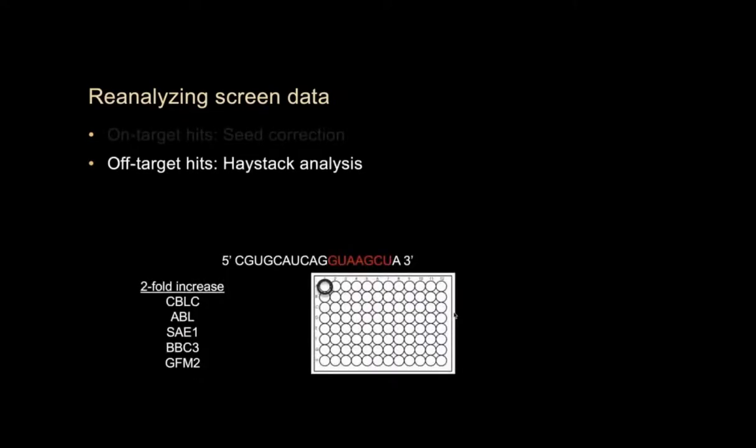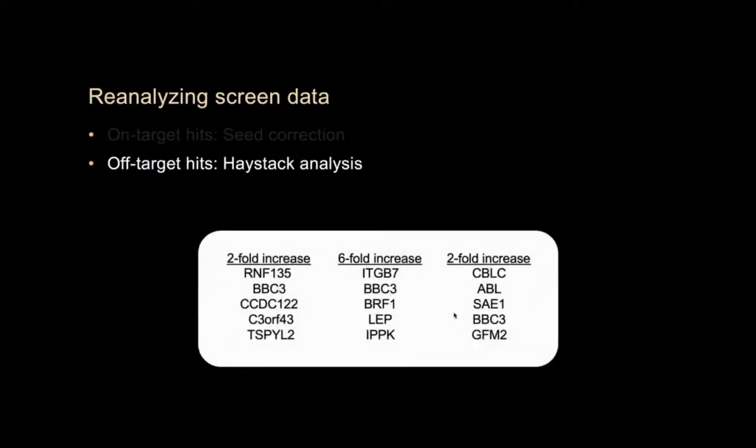The second thing we did to try to deal with this off-target issue was a haystack analysis. So again, we know the seed in every siRNA. Moreover, we know all the potential off-targets that it could be hitting. So what we do is we keep track of the seed, the off-targets, and the effect on survival through every well. And if we've screened enough wells, and we've done screens of almost 60,000 siRNAs, what we can then do is figure out, are there genes that tend to correlate with that seed and with survival?